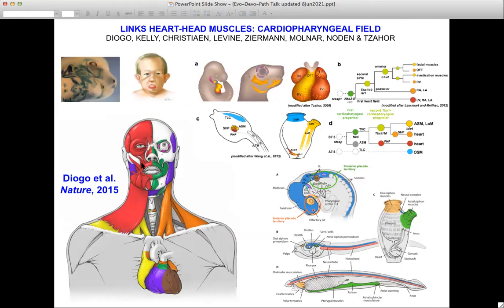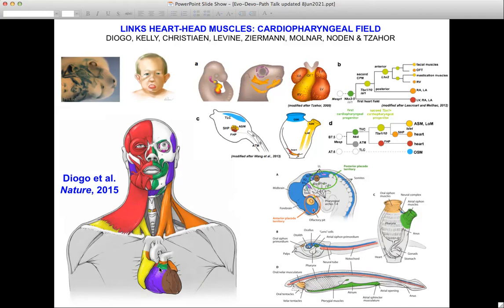You have here, for instance, these muscles of the right side of the face that are embryologically and developmentally more strongly related directly with part of the heart than with the facial muscles of the other side. It's amazing. Those ones will be more connected with this part of the heart and so on.